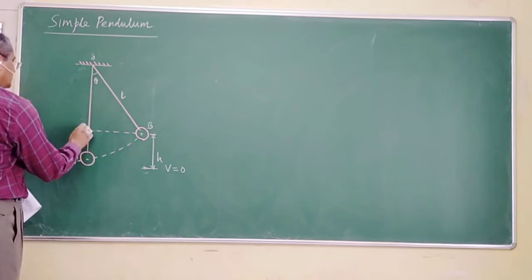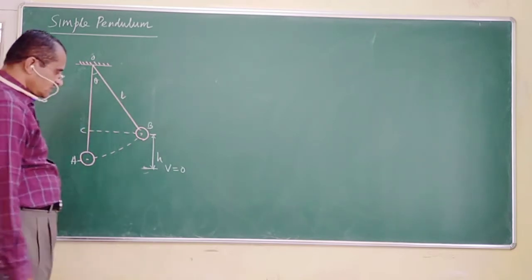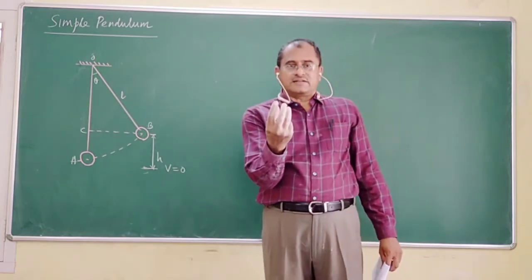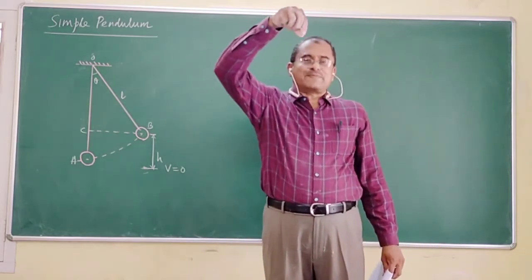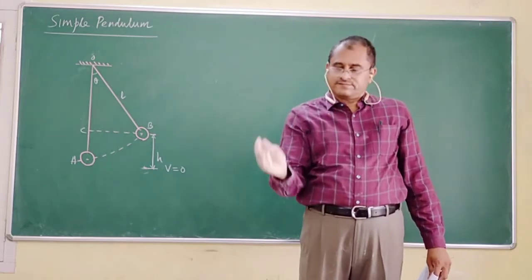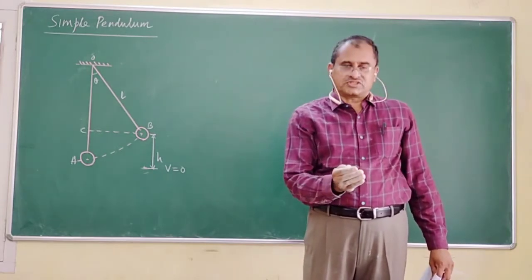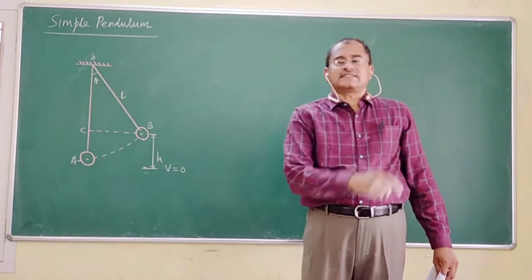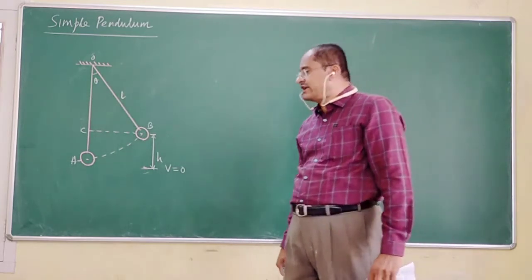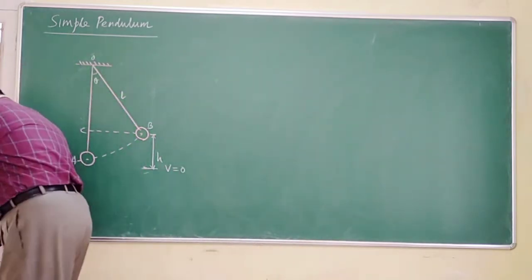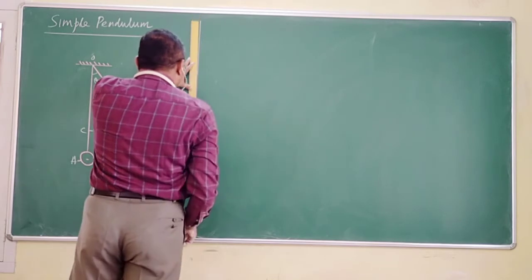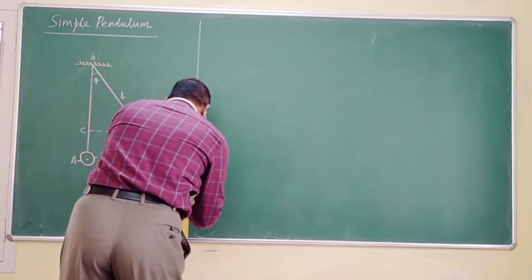Let this be L, this be C. A metal sphere bob, when suspended with a thread, is a simple pendulum. You give a small push, it oscillates, executes simple harmonic motion.